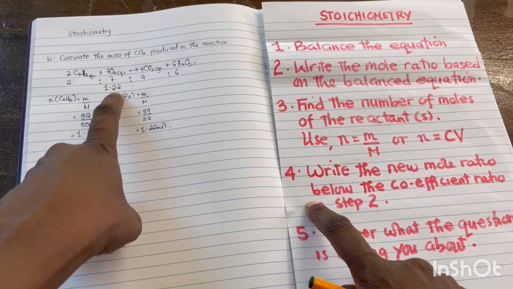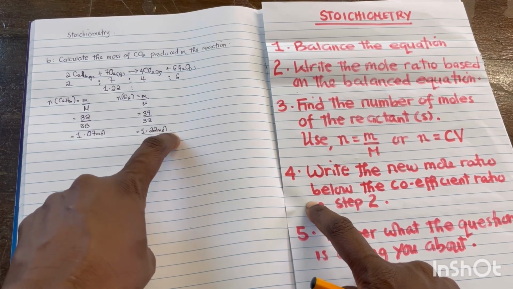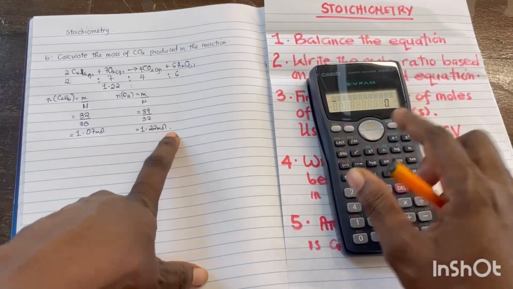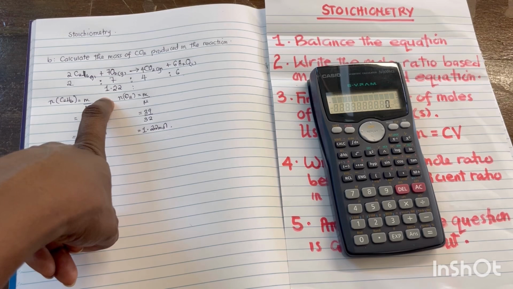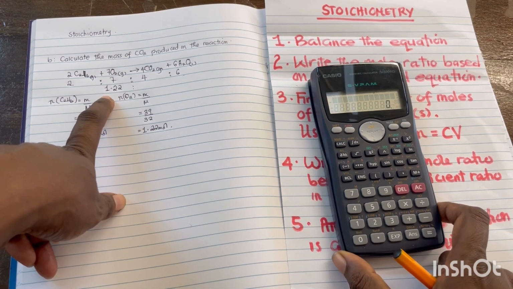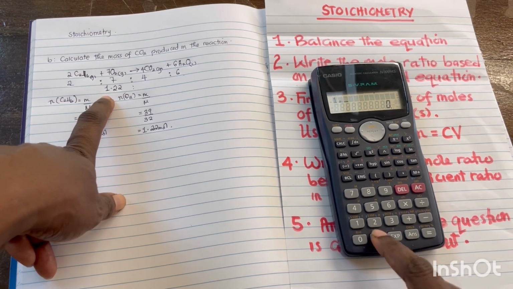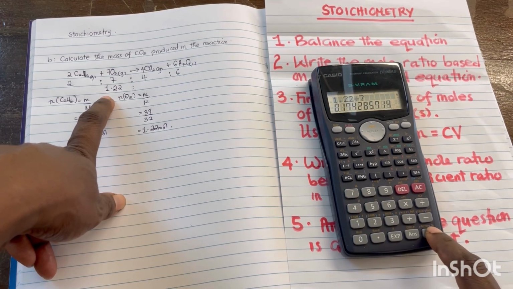So 1.22 moles is the number of moles based on our limiting reactant, which is oxygen. The limiting reactant here will determine the number of moles of the others. If it's 1.22 moles, we are dividing 1.22 by 7, which gives you 0.17.